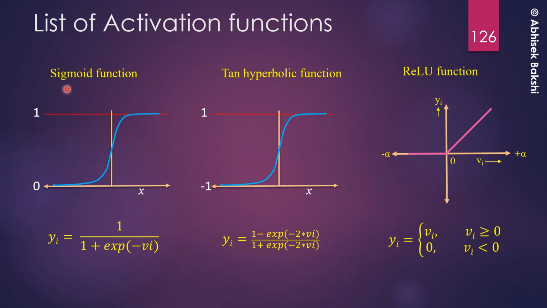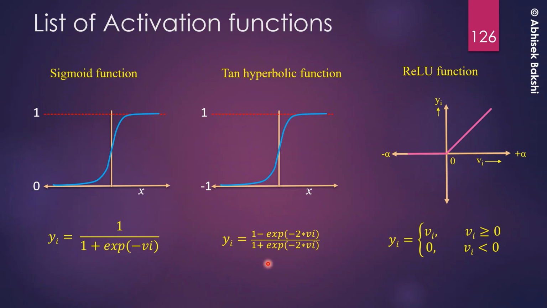Similar to the sigmoid function, we have one more function which we call tan hyperbolic function, which is, you see, very similar in structure to the sigmoid, but the difference is that the range varies from +1 to -1 instead of +1 to 0 in sigmoid. So naturally, the expression of the function will vary, and this is the expression.